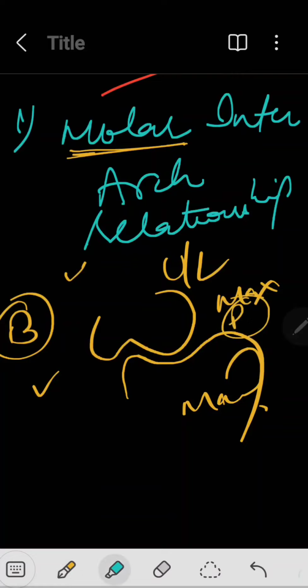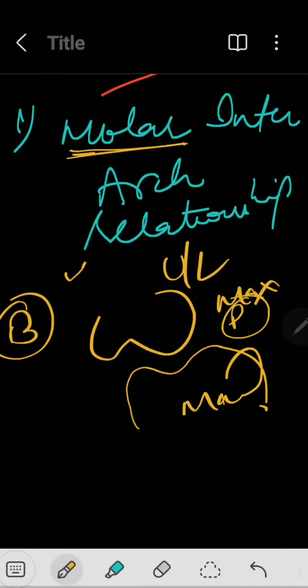Here the number 1 point is the mesiobuccal cusp of the upper first molar. The mesiobuccal cusp of the upper first molar should occlude in the groove between the mesial and the medial buccal cusp of the lower first molar.